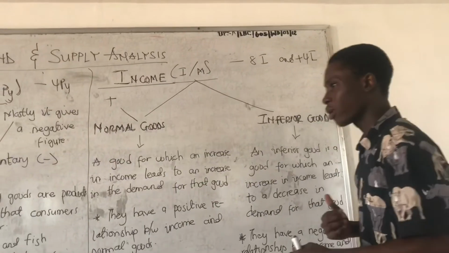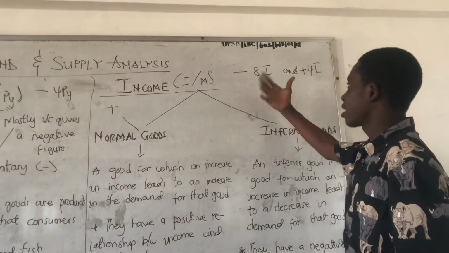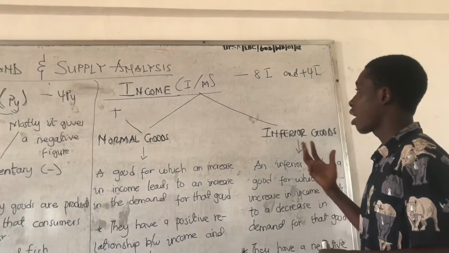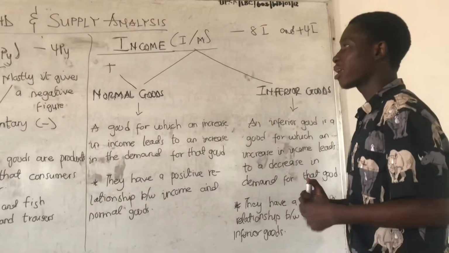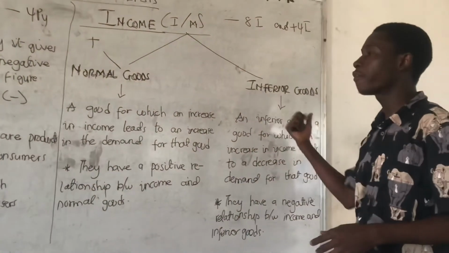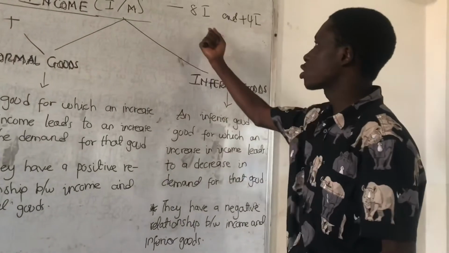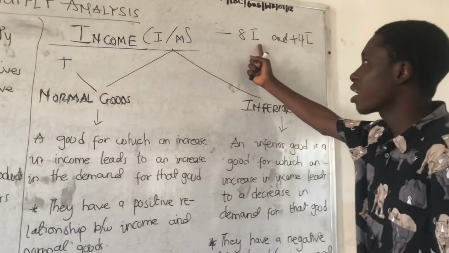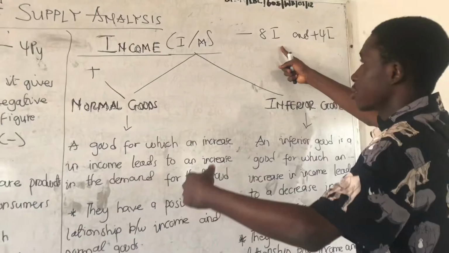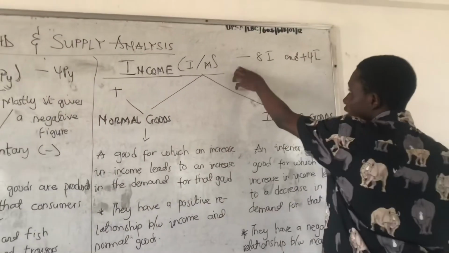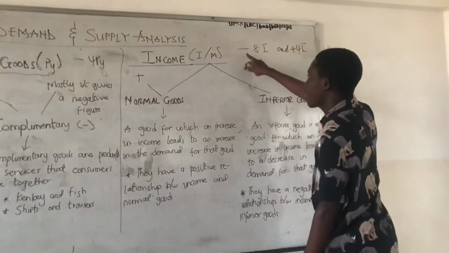First of all, when you are given the question, you identify an I. Under income, we have normal good and inferior good. So what is that particular I standing for? Check the sign in front of the I. Is it positive or negative?